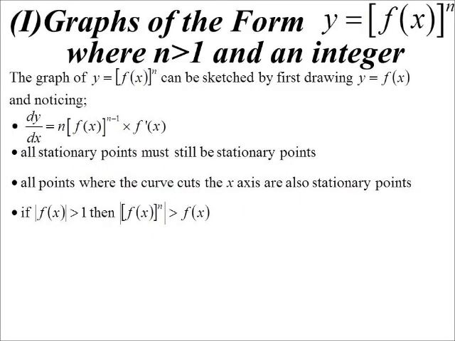Again, 1 being an important point, because we know when you square 1, you'll get 1. So we know that point will remain. But if the magnitude of it is bigger than 1, then the new graph will be above the old graph, because the y value must get bigger. But if the magnitude of the original graph is less than 1, then the new graph must be below the old graph. So what do we do from here?